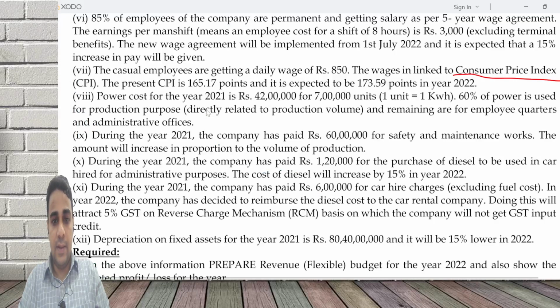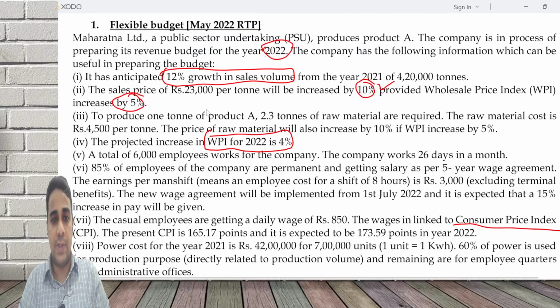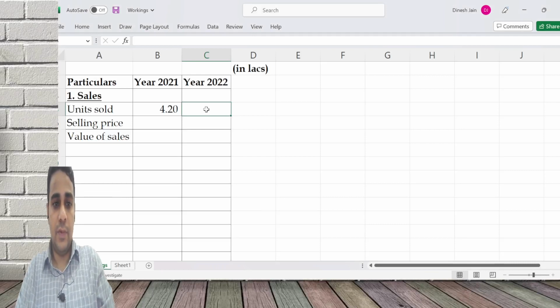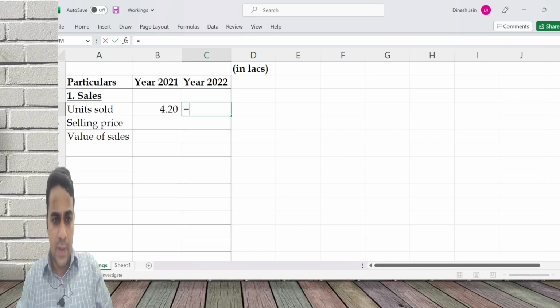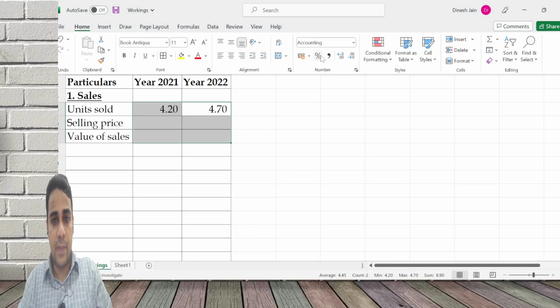Next year, the units sold are going to increase by what percentage? 12%. Units sold will go up by 12%.